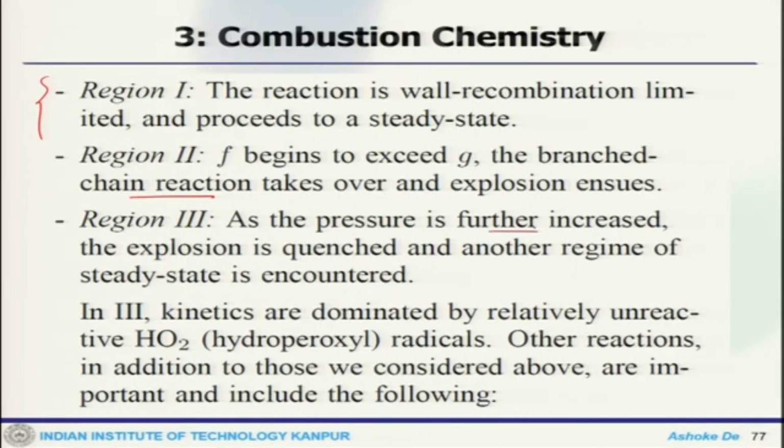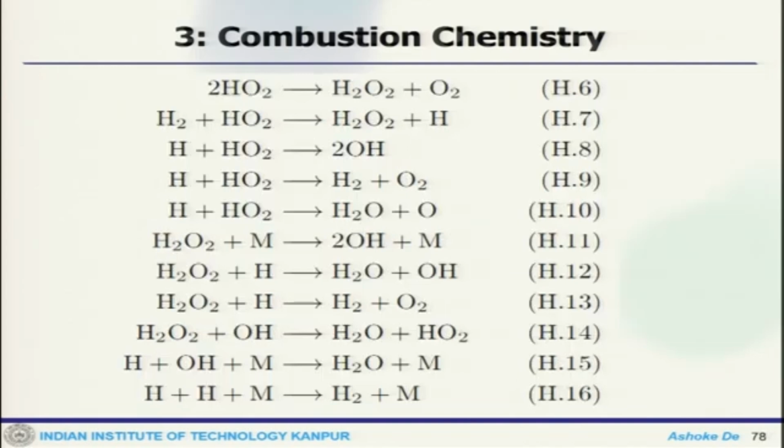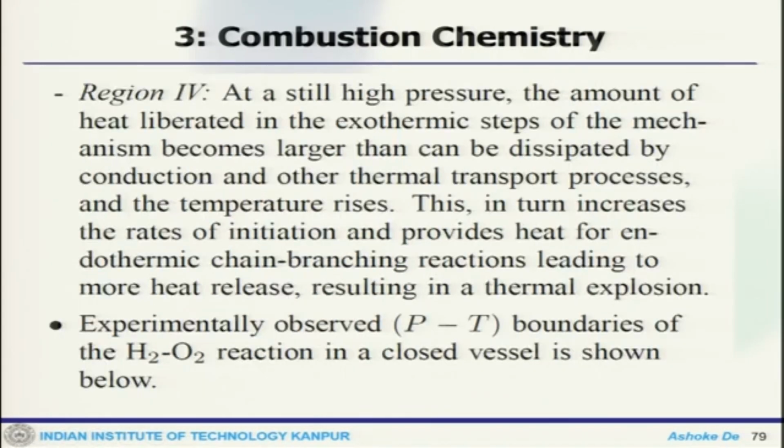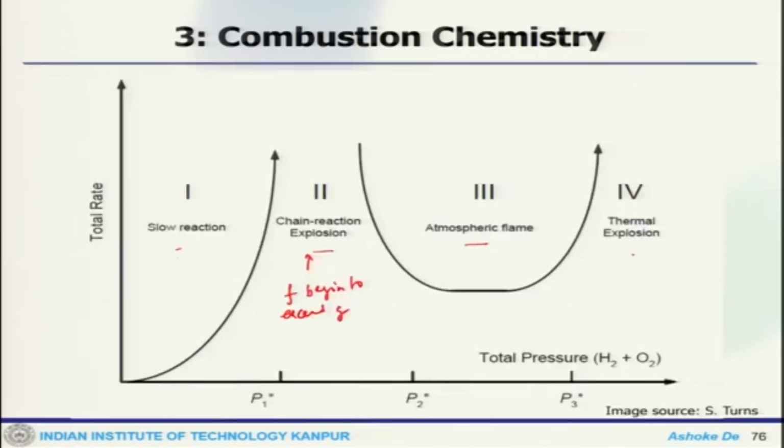So, at this stage, the explosion is quenched and there is another regime of steady state. So, in 3, kinetics are dominated by relatively unreactive H2 radicals. Other reactions in addition to those we considered above are important and can also be included. So, these are the steps which one can involve. Now, region 4, at a little higher pressure.